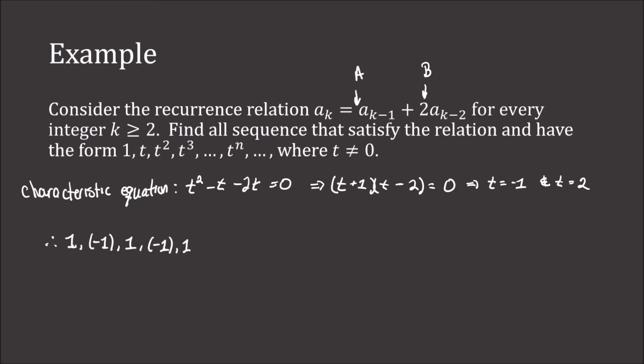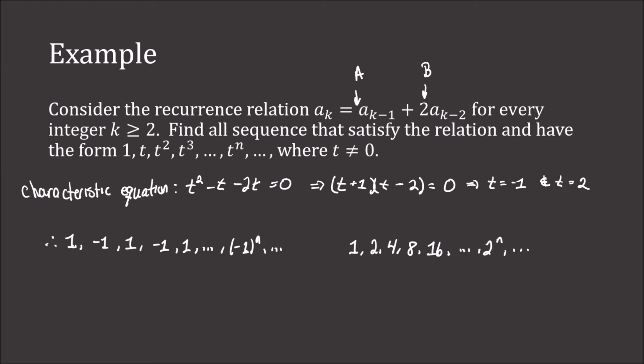Then 1, and so on, negative 1 to the n, and so on. So that is for t equal to minus 1. Now for t equals 2, it would be 1, 2, 4, 8, 16, up to 2 to the n, and so on and so forth.